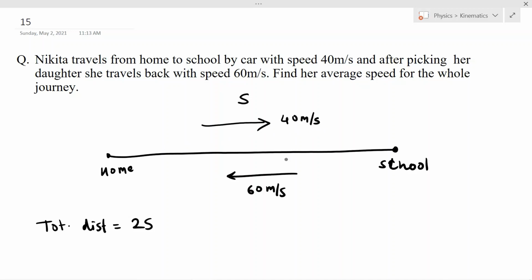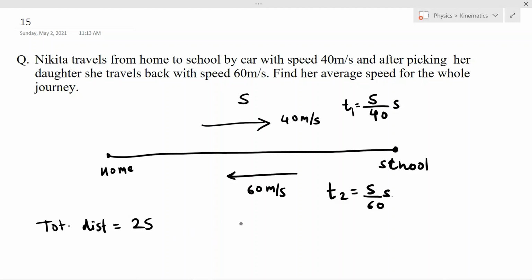We know speed is equal to distance upon time, so time will be distance upon speed. So for going, it will be s by 40 seconds, and for coming back, it will be s by 60 seconds. So I just divide distance by speed.